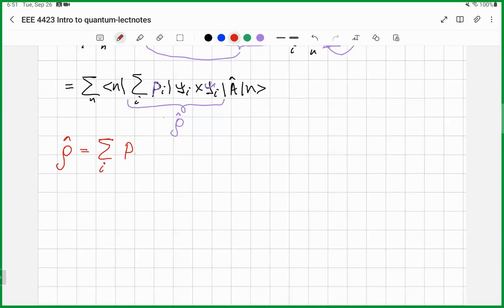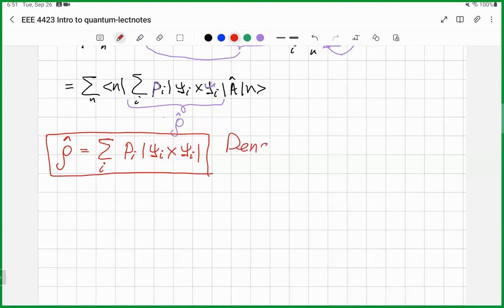So classical probability p_i, then |ψ_i⟩⟨ψ_i|. This is the density operator.